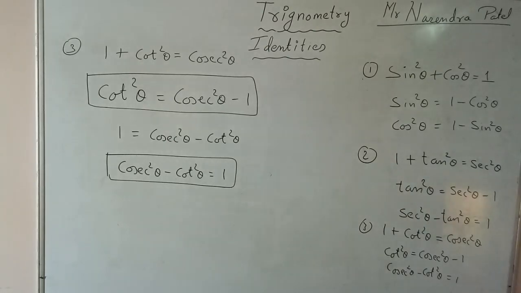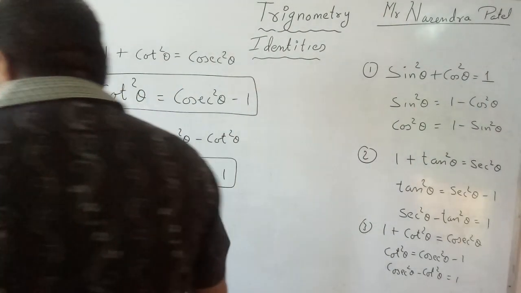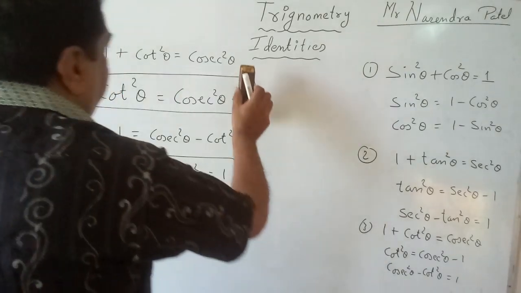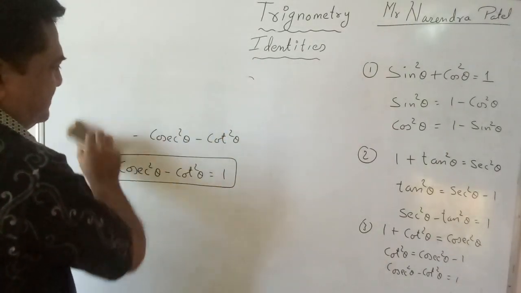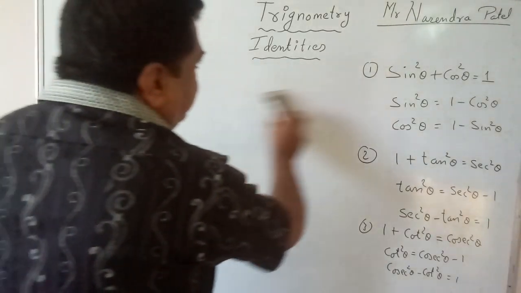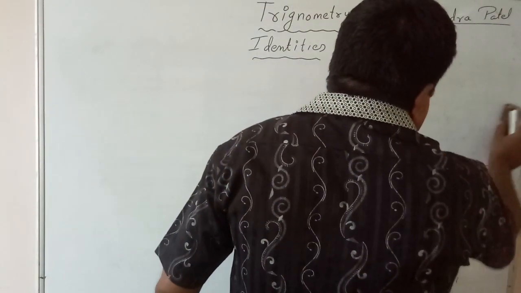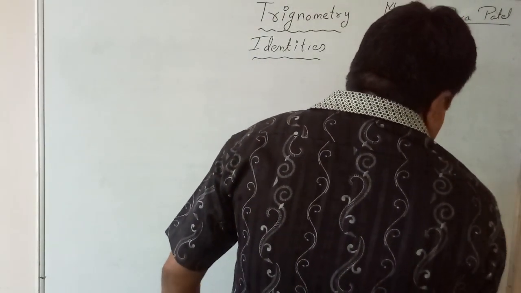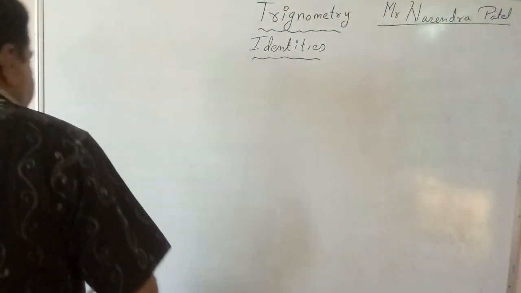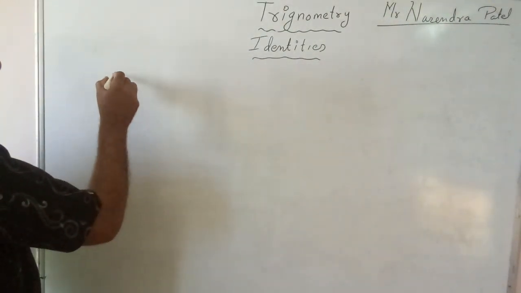So I am writing all the identities here on the blackboard in big handwriting so that you can know them. Now let me rub out all the identities. I have shown you how I have proved all the identities, and you have to use these identities. Some sums will be given to you based on these identities.